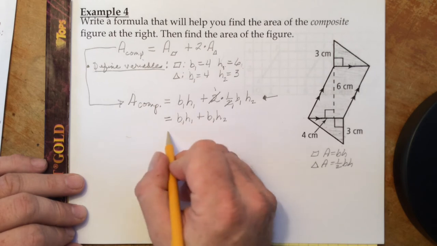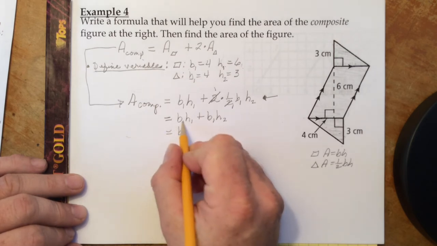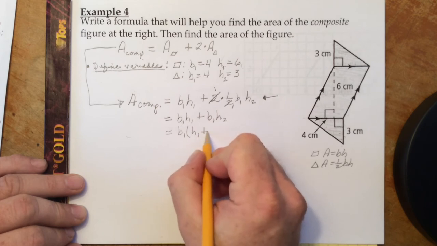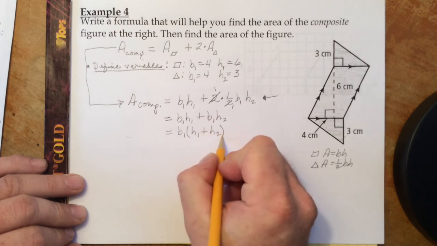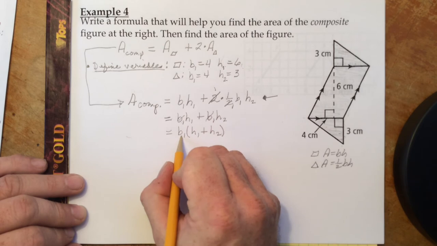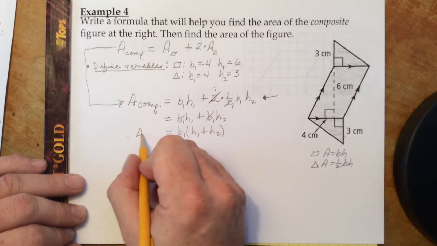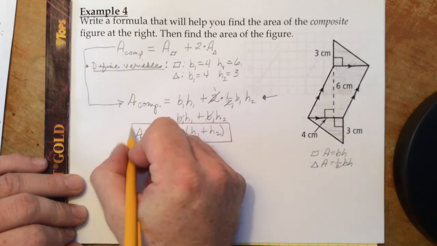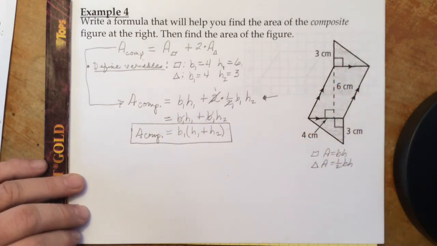If we factor out B1 from both terms, we're left with H1 plus H2. So this is a formula for the composition of this figure right here.